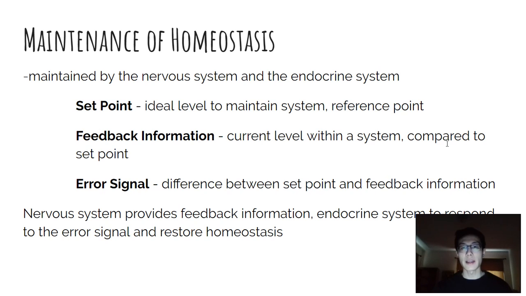So these three things can contribute to one another in order for us as the organism to allow that maintenance of homeostasis. So the nervous system provides the feedback information, generally speaking, and then the endocrine system will try to respond to that error signal and then restore homeostasis if it is perturbed.